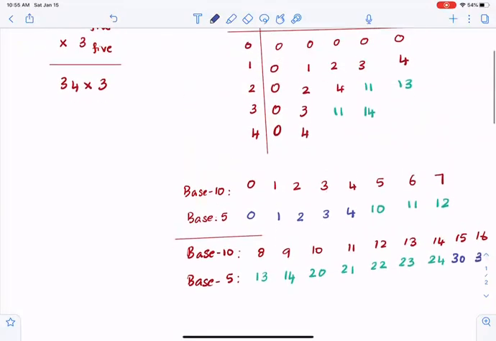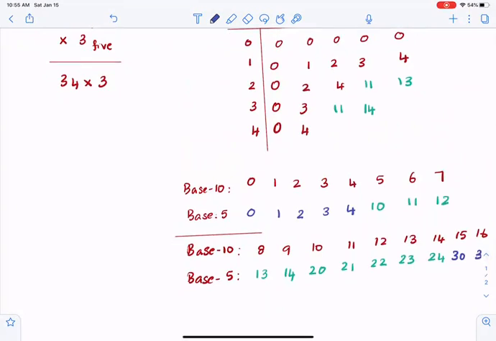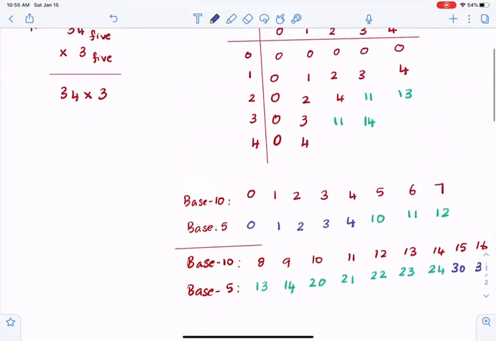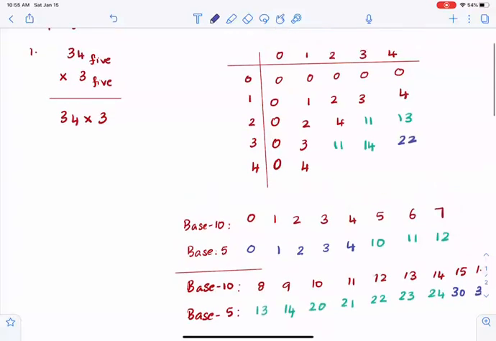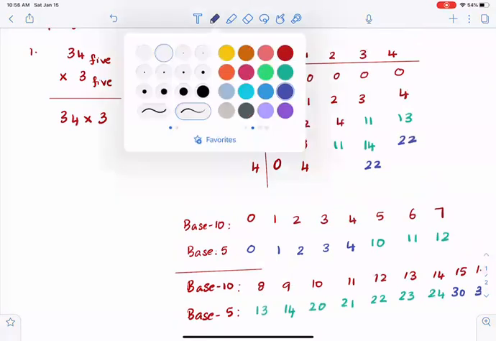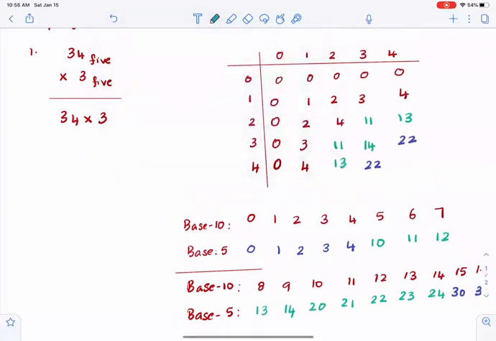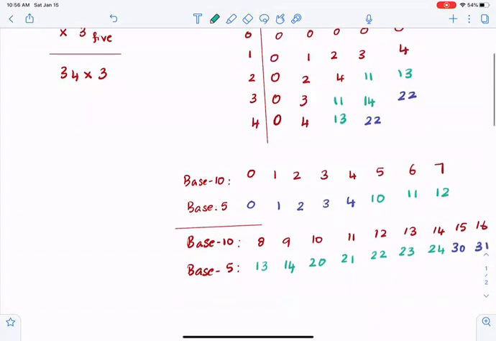Once again, when we do the manual stuff, we are not going to deal with big numbers. 3 times 4 is 12, but I know 12 is 22 in base 5. So same here, 4 times 3, 12, which would be 22. 4 times 2 is 8. 8 is 1, 3. And 4 times 4 is 16. 16 is 31 in base 5.